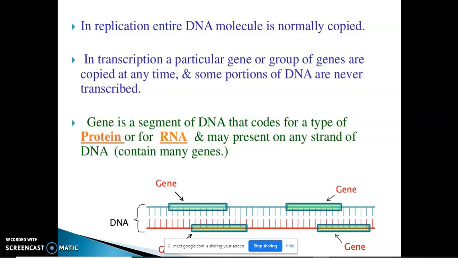What are these genes? Genes are the regions of DNA that code for a protein. See, our body has different types of proteins. For example, you have hexokinase, trypsin, pepsin, hemoglobin and immunoglobulin. There are a number of proteins and enzymes present in our body.